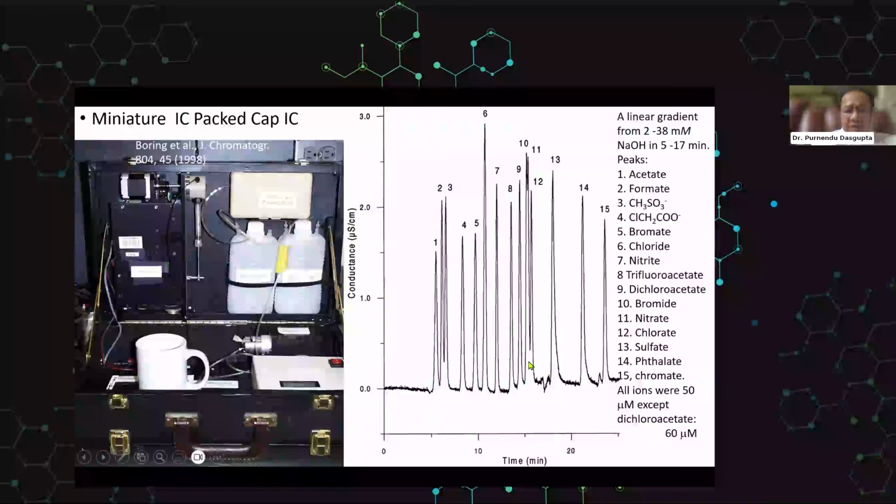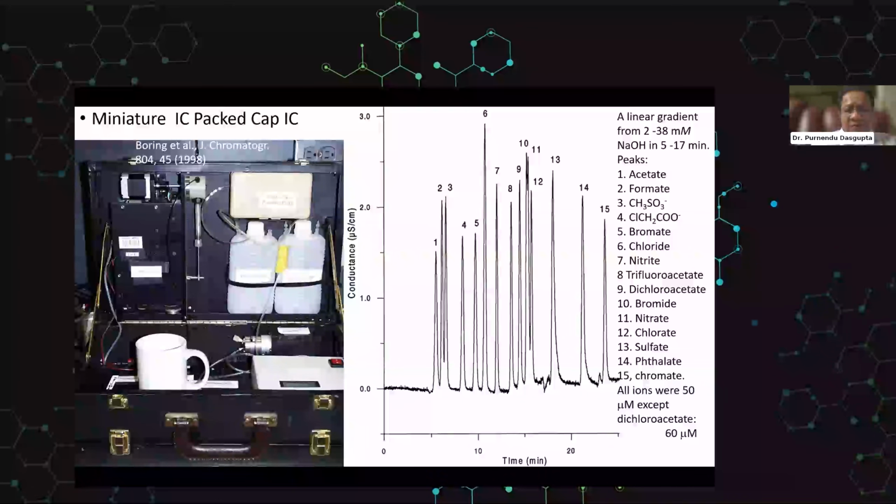Here is a portable IC that we made back in 1998. It's amazing to think it's 25 years ago. This suitcase was custom made. Here is our pump. The cup is there, not part of the chromatography for my scale.